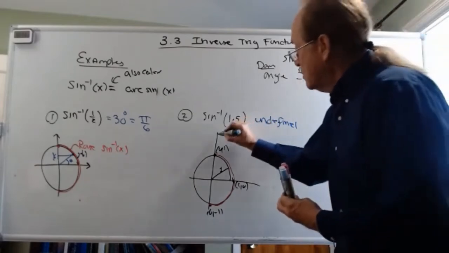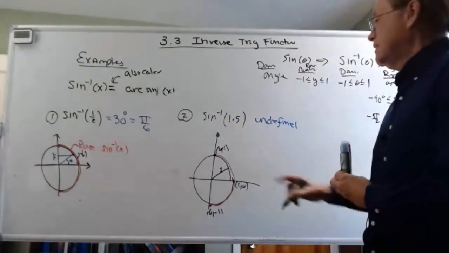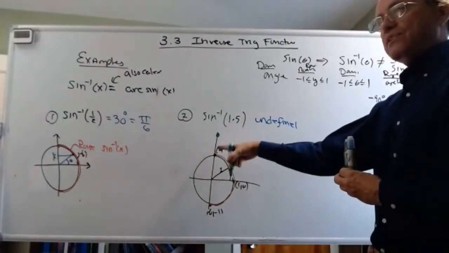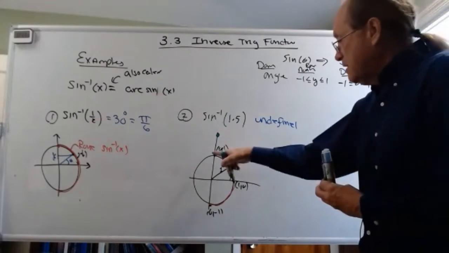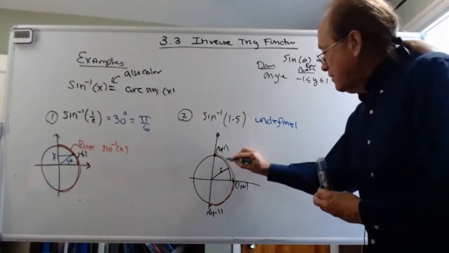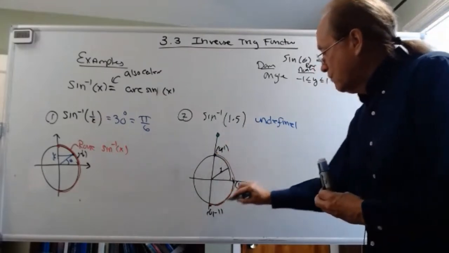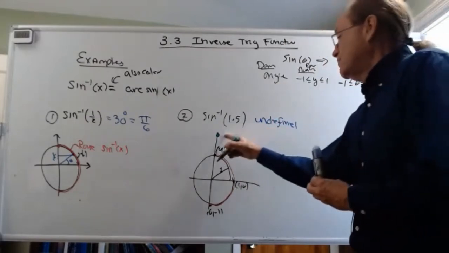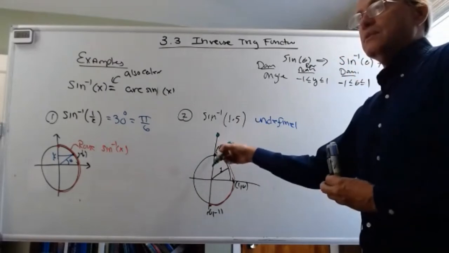I'll come over here, 1.5. That is not on the graph. That's not on the red line. It's outside of the domain. It's not working. It has to be a point on that red curve over here to be satisfied in here.